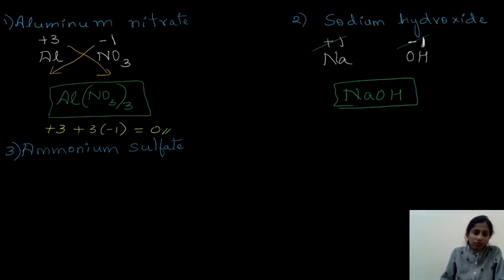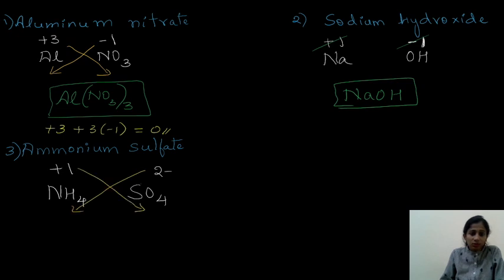Okay, third example, ammonium sulfate. Again, ammonium is a polyatomic cation, and the formula is NH4, and the charge is plus 1. Sulfate, polyatomic anion, SO4, and the charge is 2 minus. Again, the charges are unequal, so there will be crossing of the charges, crossover method.